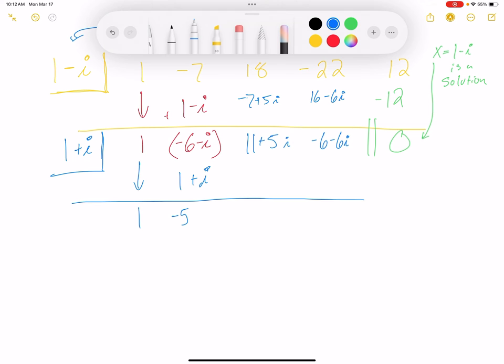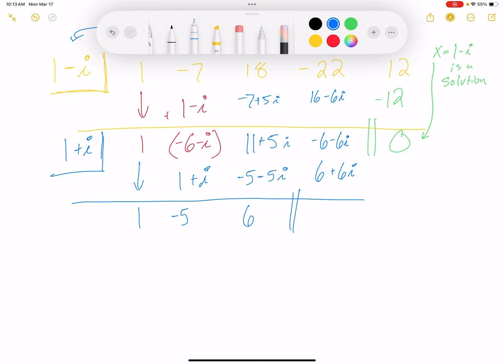All right, so -5 times 1 plus i, well, we just say that's going to be -5 minus 5i. All right, and then we add those together. 11 plus -5 would be 6, and then 5i minus 5i, no more i's on that. And then we got 6 times 1 plus i, and that's 6 plus 6i.